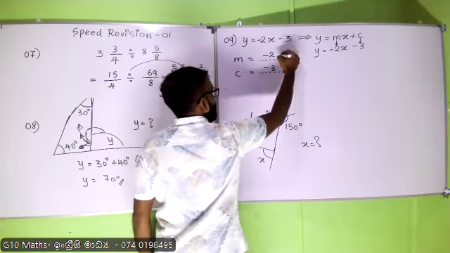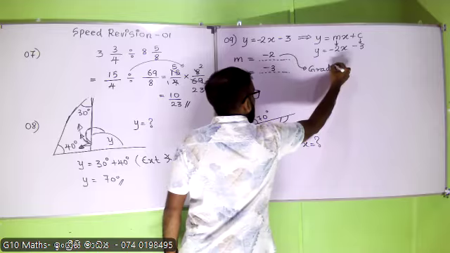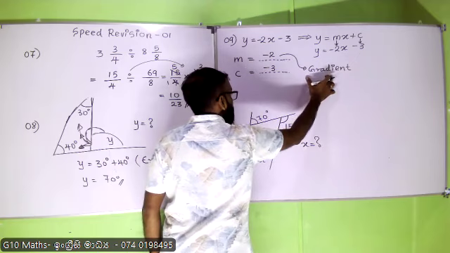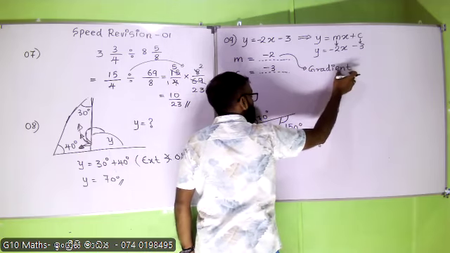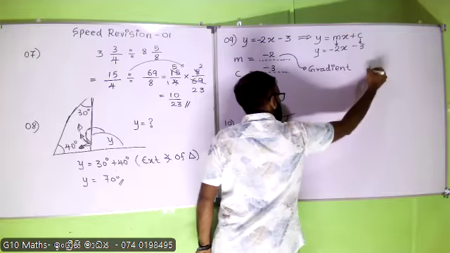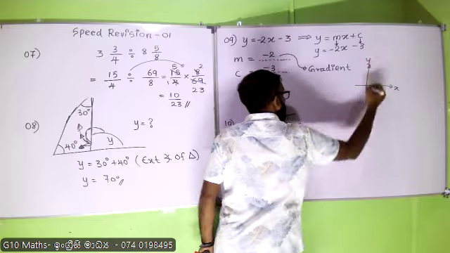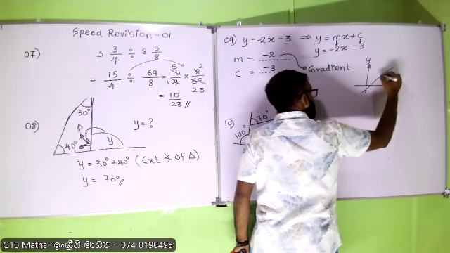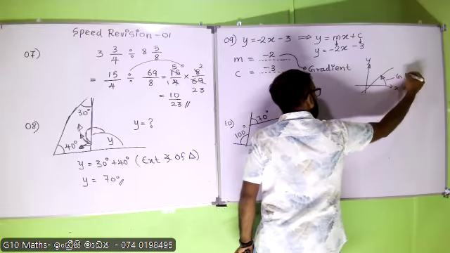Where your m is called gradient, the angle that the graph creates with the positive side of the x-axis. This is x, this is y. If this is your graph, this is your gradient. This is the positive side of x, so this is called gradient or m.